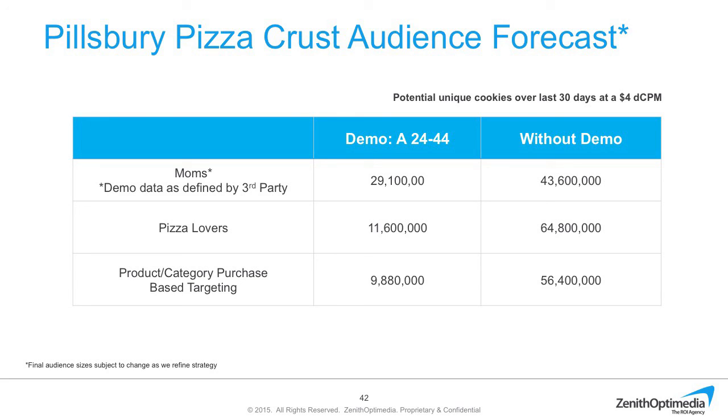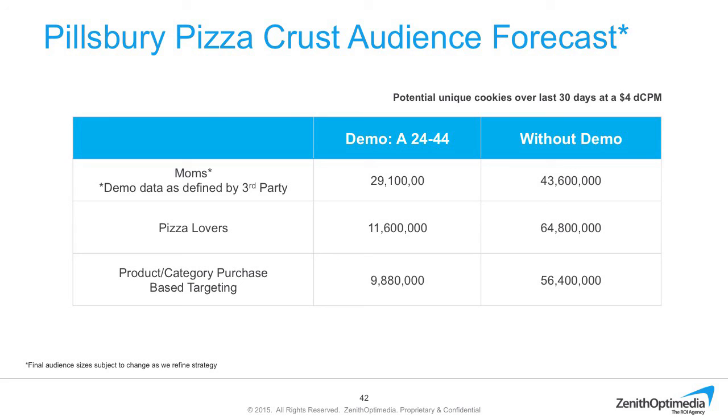For pizza lovers, it was a huge, drastic decrease. We had almost 65 million without adding on age, but only less than 12 million when we added the age range qualifier on top. As well as for purchase-based targeting, we had almost 56 million people who wanted to buy something that had to do with pizza, but it dropped drastically when we added in ages 24 to 44.